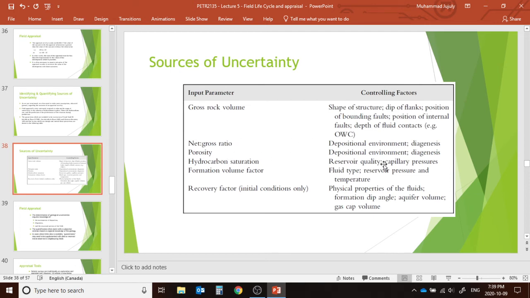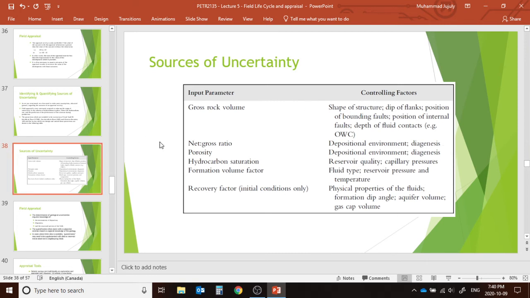Or the porosity: the previously assumed porosity is not the same. It is more porous right now, as indicated in the new data, so that means we can extract even more. Or the hydrocarbon saturation, the formation factor, or even the recovery factor. There are many uncertainties you could have in the reservoir, right?